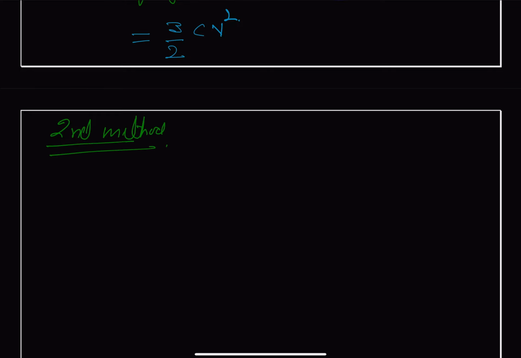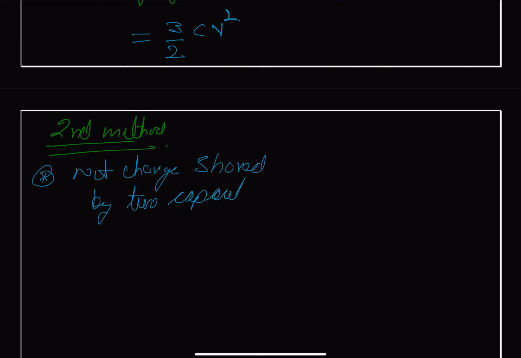In the second method, we find the net charge shared between the two capacitors. Let us call that Q prime, which will be equal to Q2 minus Q1.